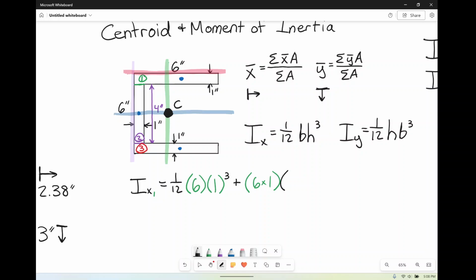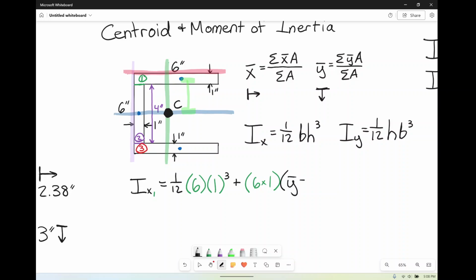And then we need dy. dy is the distance from this green dot to the center here. We know the vertical distance we had was y bar, from the red line down to the blue line.